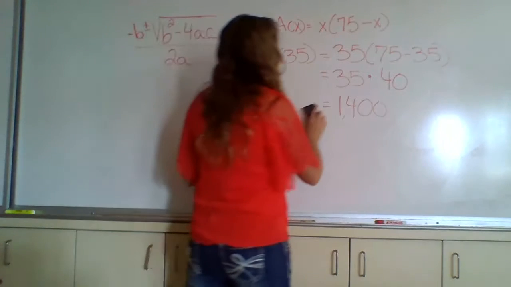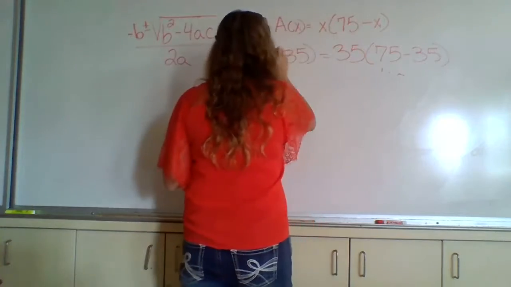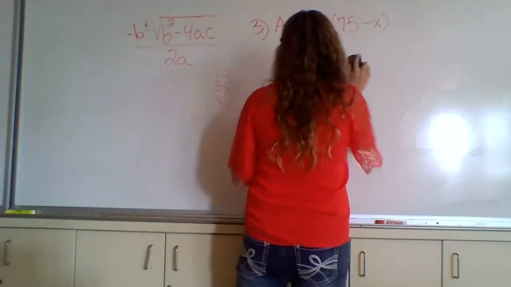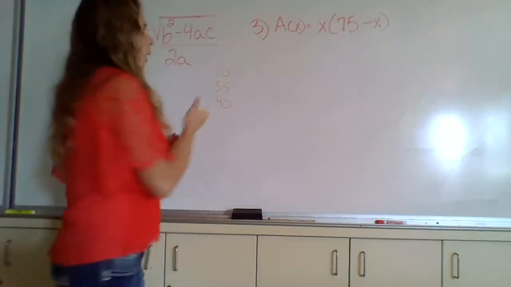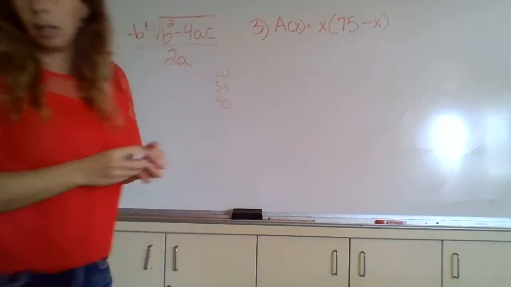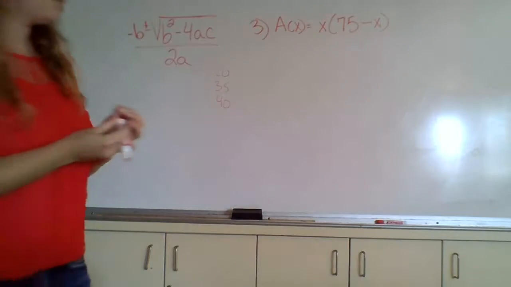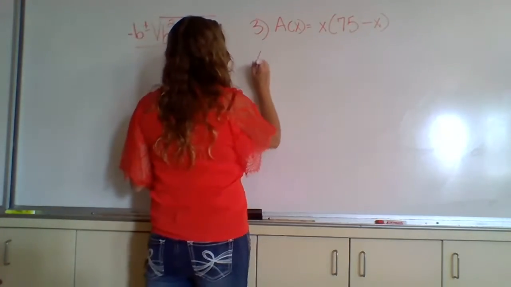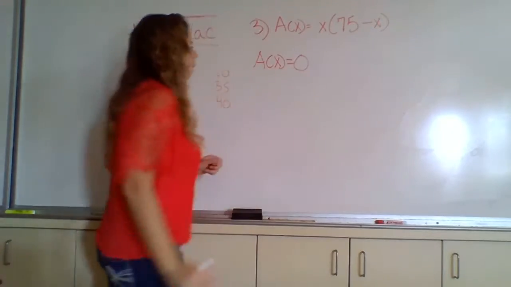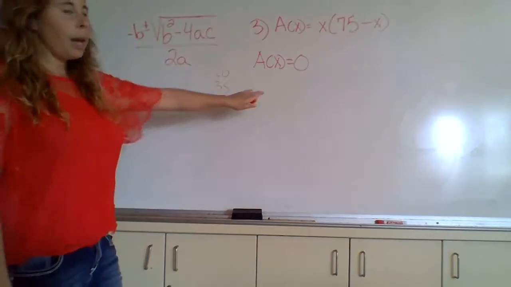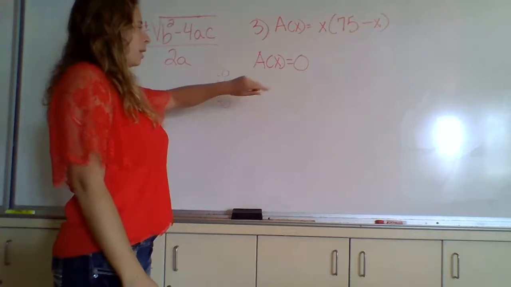All right. Let's move on to, I think, the harder part of this kind of problem, where A of x equals 0. Okay. So now, this is what we were doing in class at the end of class.